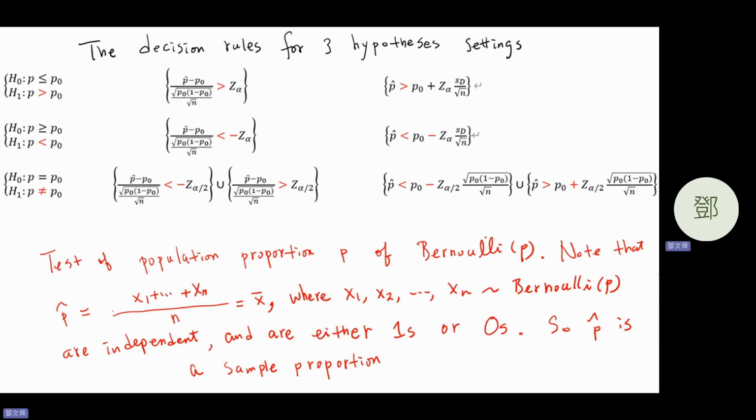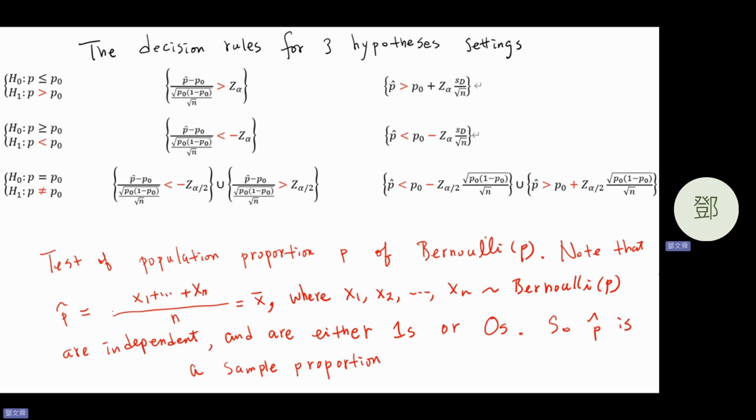Here the parameter value is the value under the null hypothesis, because the rejection region is constructed under the assumption of H0.